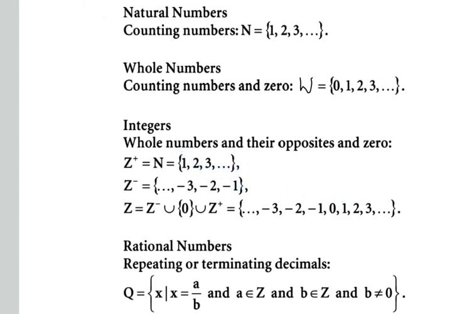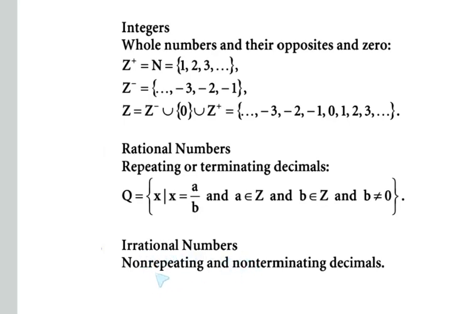Rational numbers: repeating or terminating decimals. Q is equal to the set of x such that x equals a by b, where a belongs to Z and b belongs to Z, and b is not equal to 0. We can write these rational numbers in the form p by q.